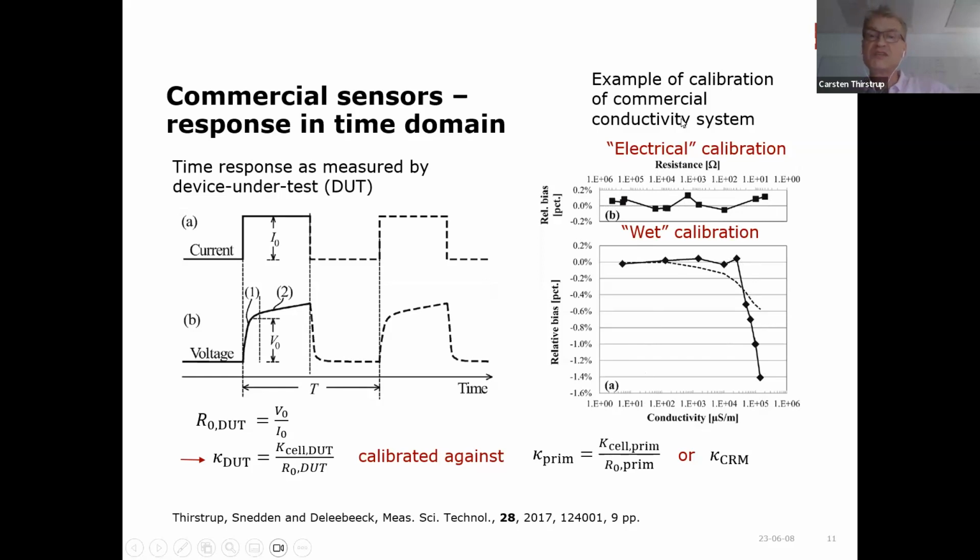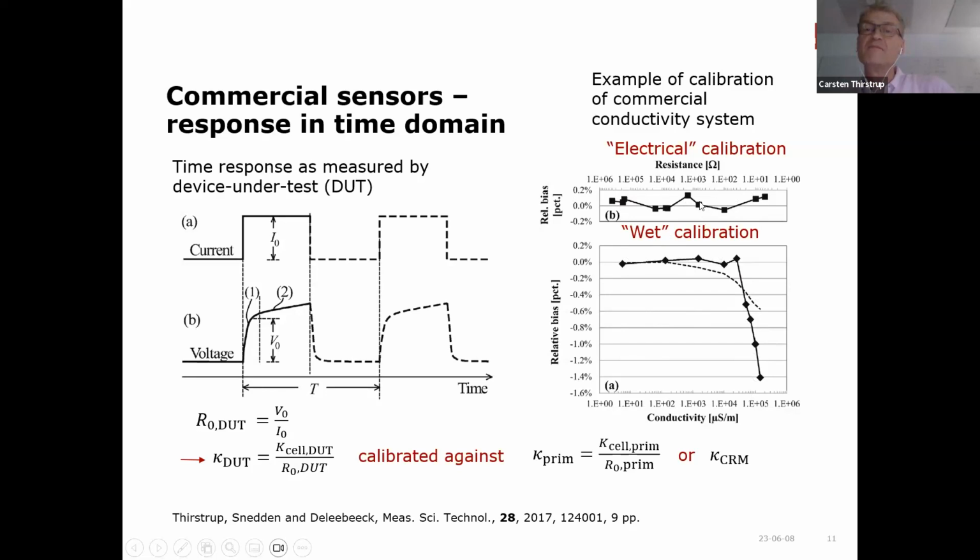So if you use an ASTM standard, which says that you make wet calibrations at certain data points where it's easy, for instance at a medium conductivity level where the effect of diffusion of CO2 into the solution is minimum, and then you can make an extrapolation to the lower values of electrolytic conductivity because you have data from the electrical calibration.